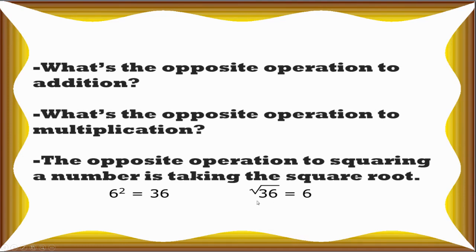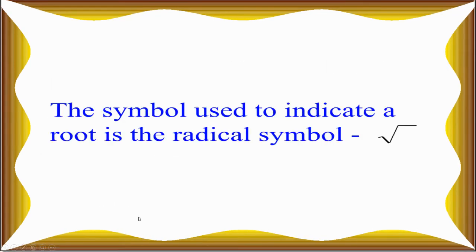So meaning, what number can you divide 36 by, such that the answer would be the same number as what you divided it by? So the square root of 36 is equal to 6, because 6 times 6 is 36. The symbol used to indicate a root is the radical symbol. It looks like a division symbol, but it has a very small tail over there.